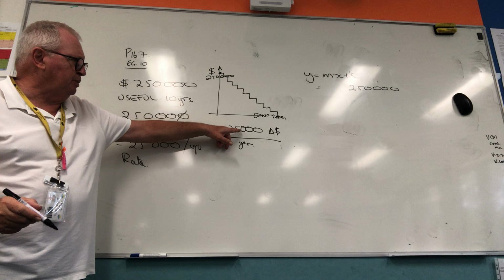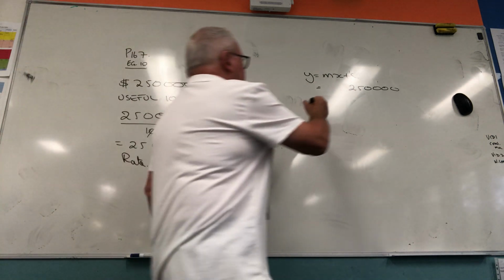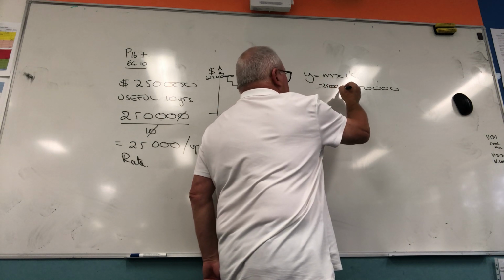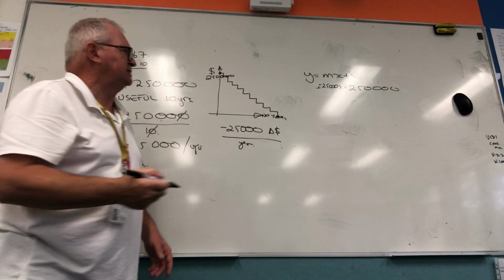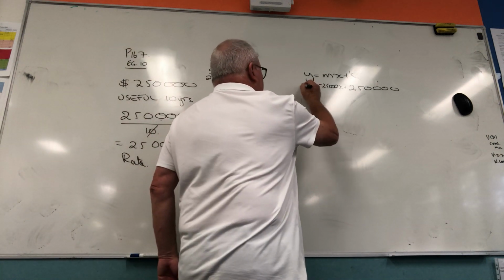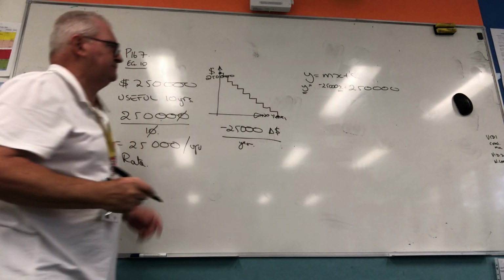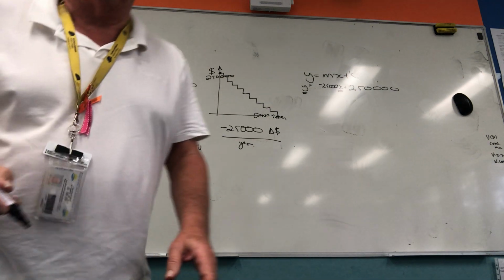It's minus 25,000 per year, so the slope is minus 25,000 per year. On our calculators, we've only got X and Y, so I have to put it in like that.